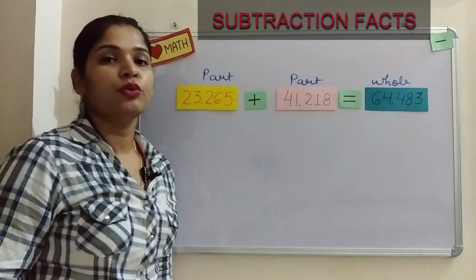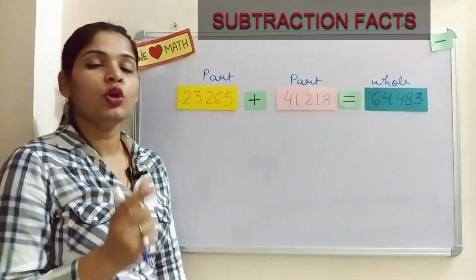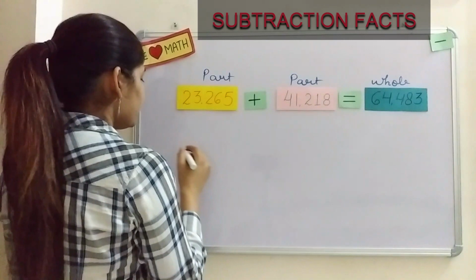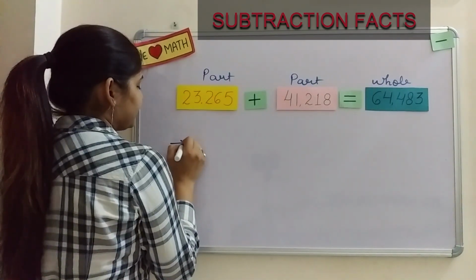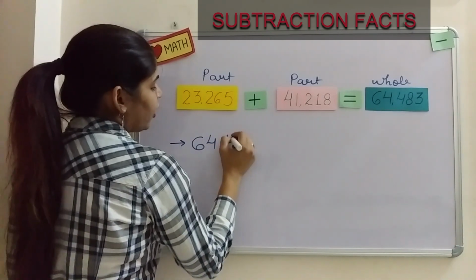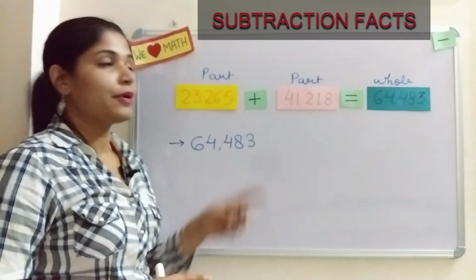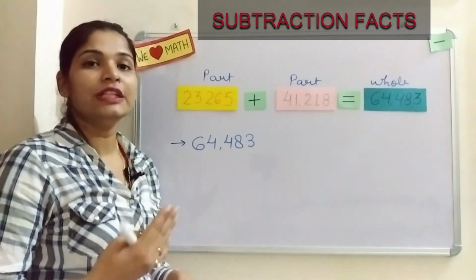I told you earlier as well, in subtraction fact we write the whole first of all. So for the first subtraction fact, we'll write down the whole, 64,483. Because this is an addition fact, we will do the subtraction fact.